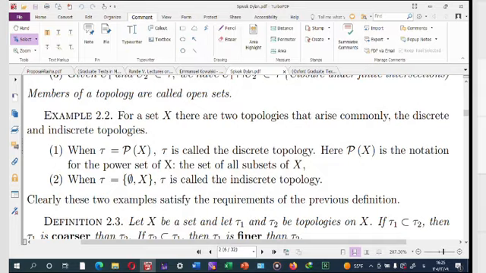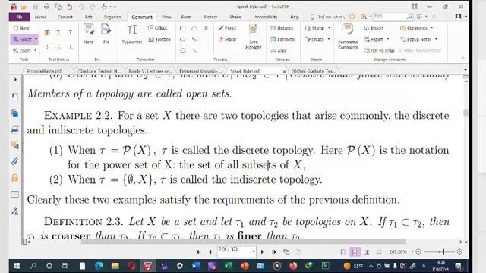One is P of X, which is a topology called the discrete topology. P of X is the notation for the power set of X, the set of all subsets of X. Another example is empty set and X only. This is a topology too, called the indiscrete topology.